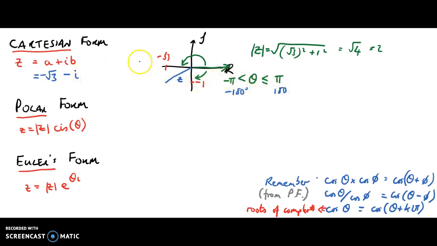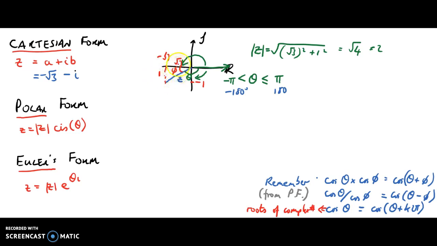So how do we work out the angle? Well, again, let's work out this angle first. So what we're actually after is this for theta. So if we work out this angle instead for now, so this distance down here is 1, this distance here is square root of 3.